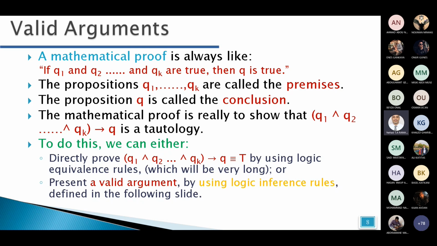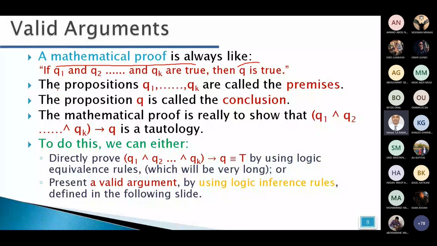Valid argument. Let's speak about mathematical proof. A mathematical proof contains hypotheses, a set of hypotheses given to you. You can consider them as true, and if you find that the hypotheses are true, then the conclusion Q is true. So a mathematical proof is always like this.